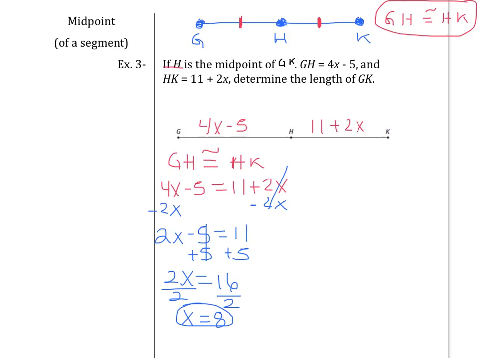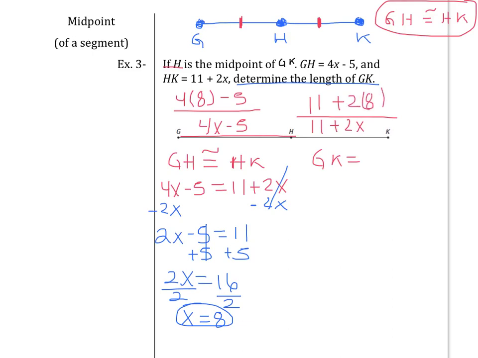Okay, now they want us to find the length of GK, so let's do that. GK is equal to, and let's do this on top. I hope you understand what I'm doing. Instead of x, we know x is 8, so this is 4 times 8 minus 5, and this one here is 11 plus 2 times 8.